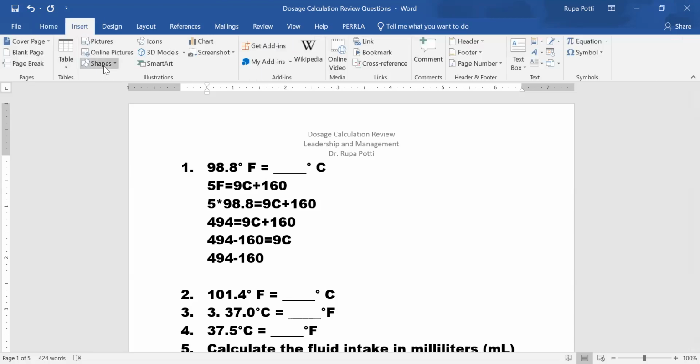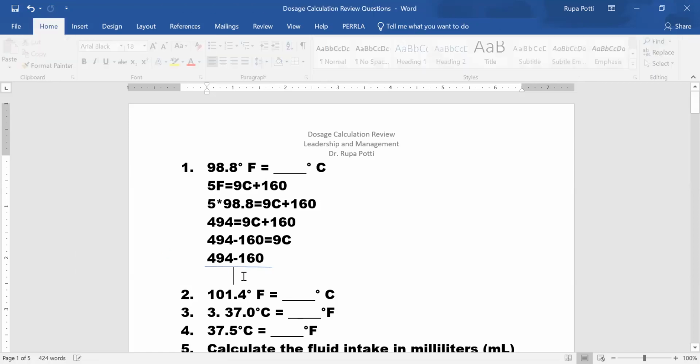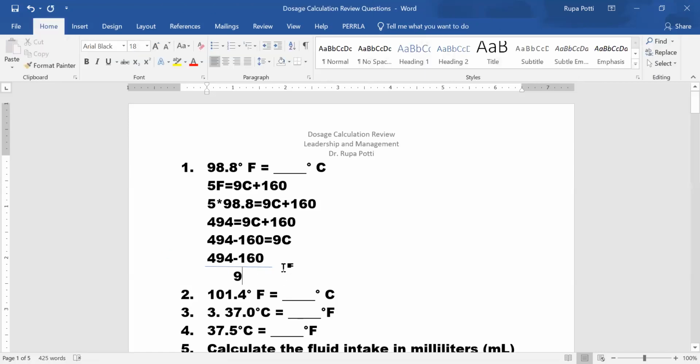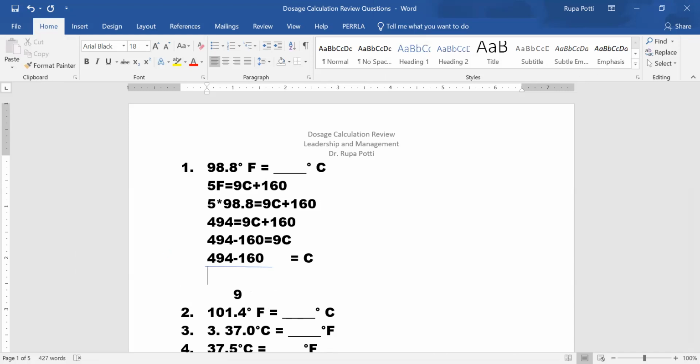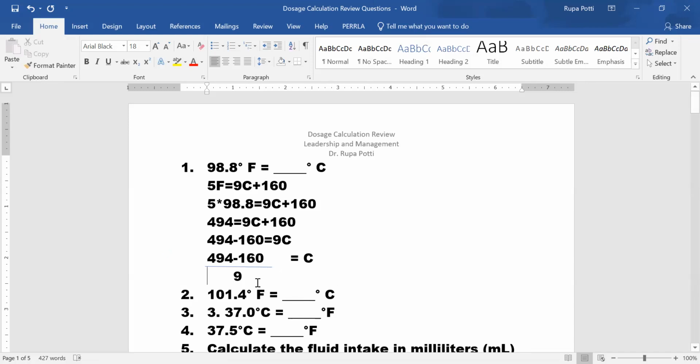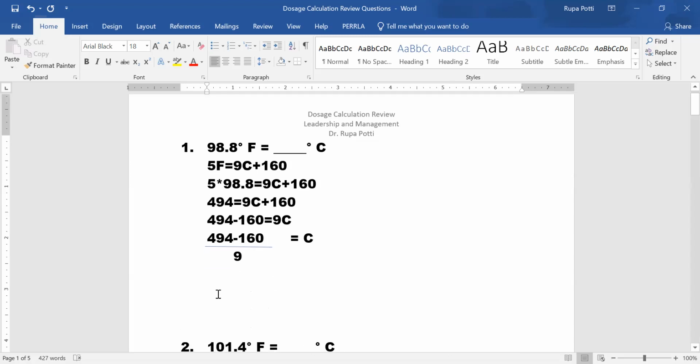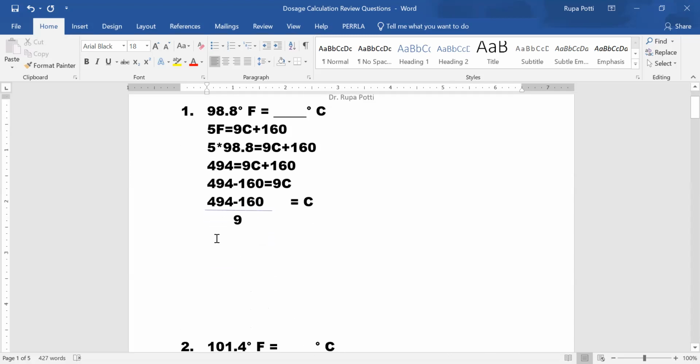Let me just get my line here. I'm going to bring my number towards the left side, and this is equal to my centigrade. So this will equal 334, divided by 9.